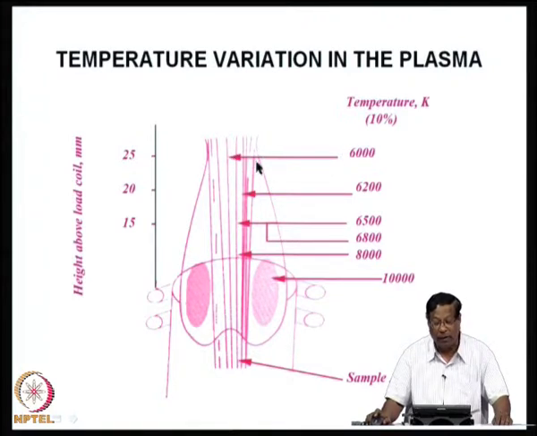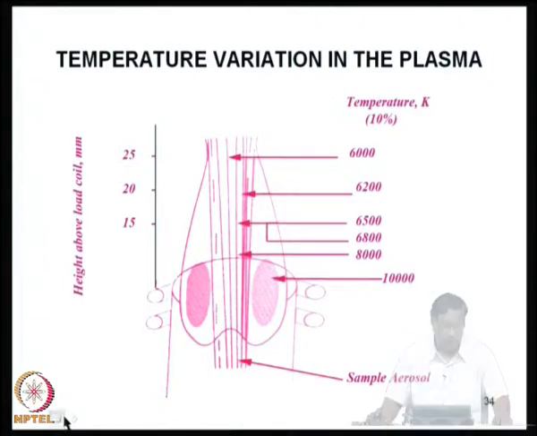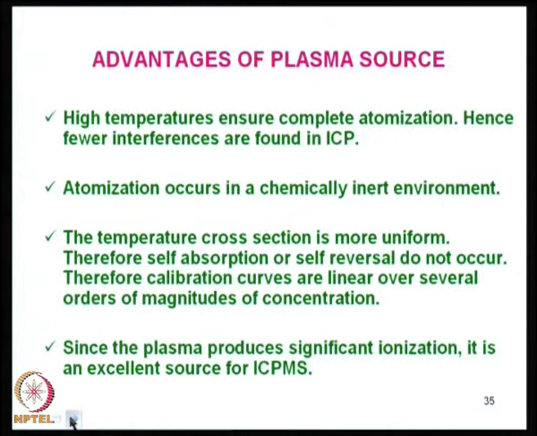So, our spectrometer optics should be put somewhere in this region, not here, not here, not here, but only in this region, so that we can take out the emission lines using a standard spectrometer. Now, what are the advantages of the plasma source?